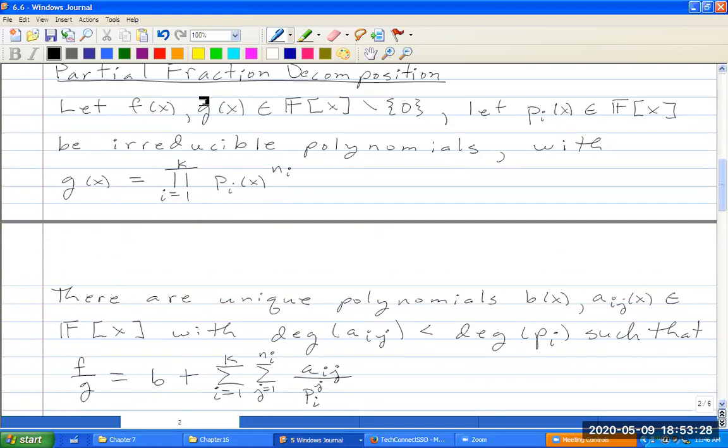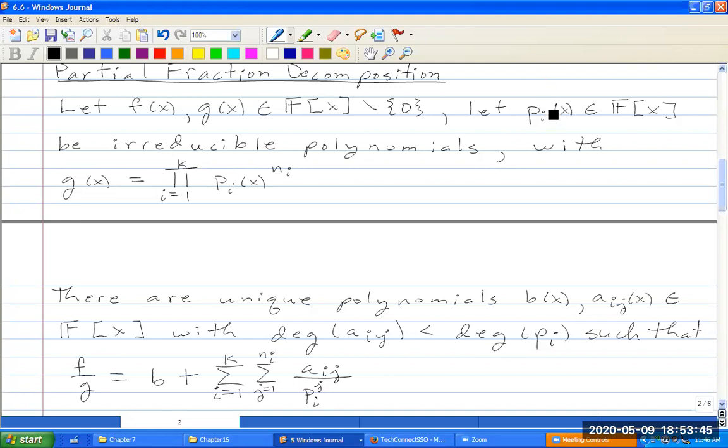Okay, so partial fraction decomposition. Let f, g be polynomials with coefficients in some field, and suppose that neither f nor g is equal to the zero polynomial.